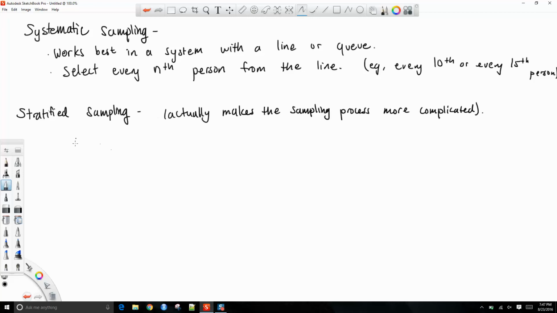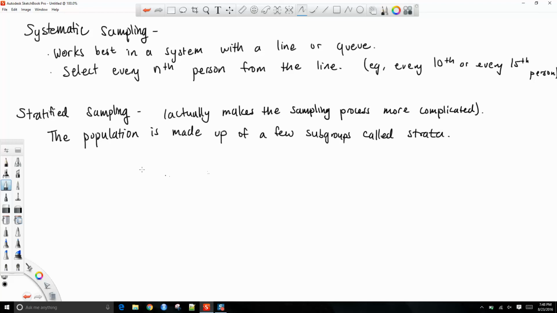So, stratified sampling. The population is made up of a few subgroups called strata.